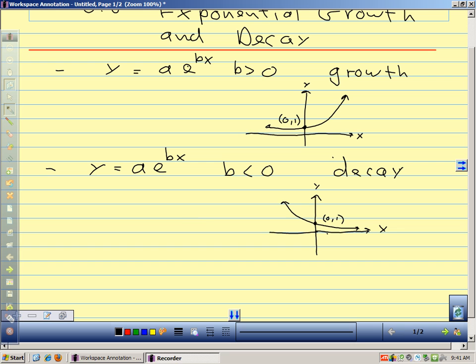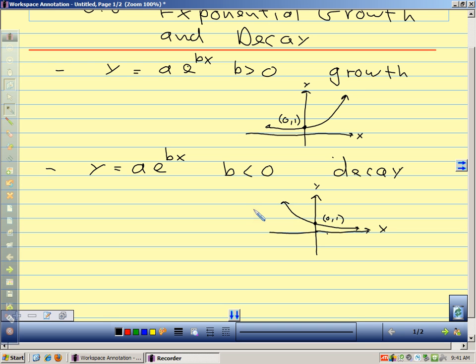Our different applications of exponential growth or decay have to do with populations, like bacterial growth. Populations of cities usually follow an exponential growth model. Interest, we've talked about interest already. Compound interest is exponential growth, we hope. Depreciation would be exponential decay.